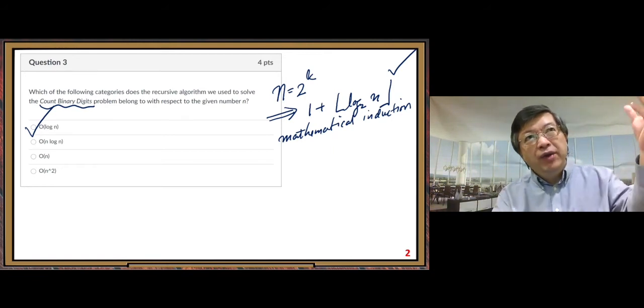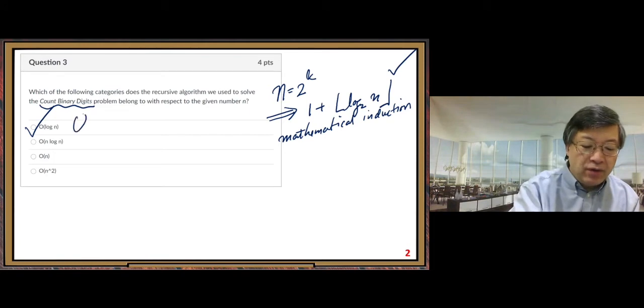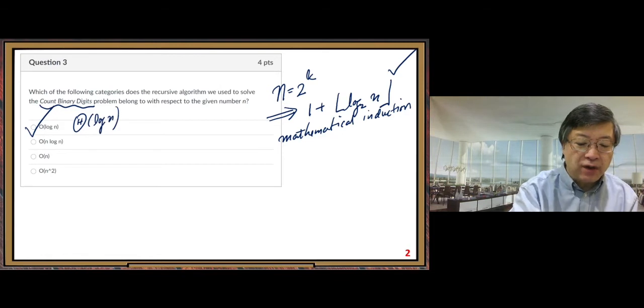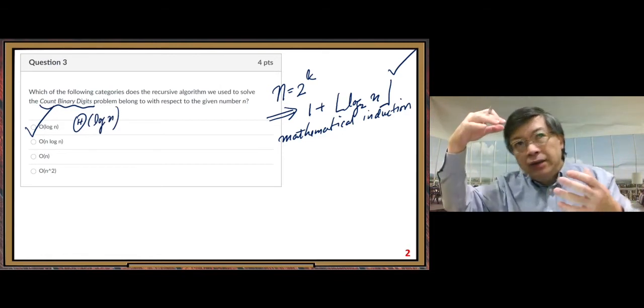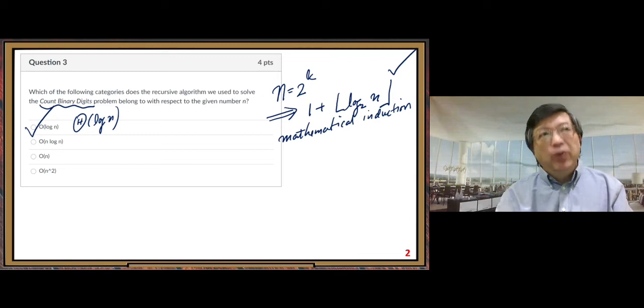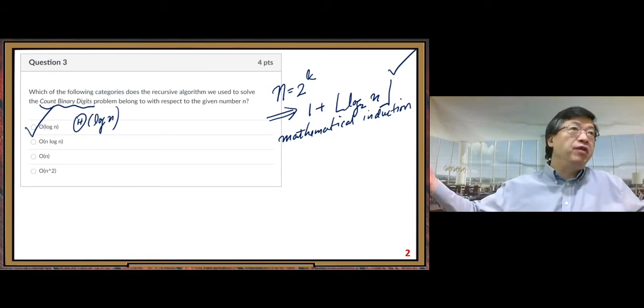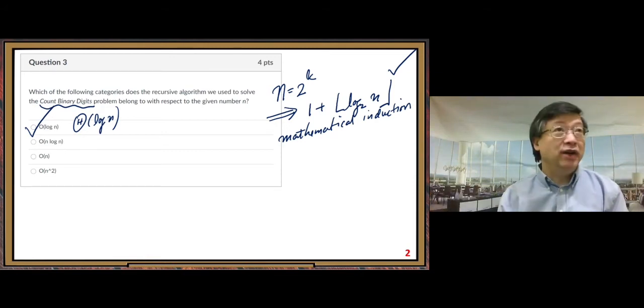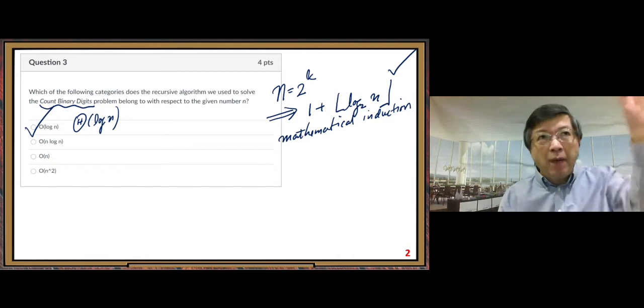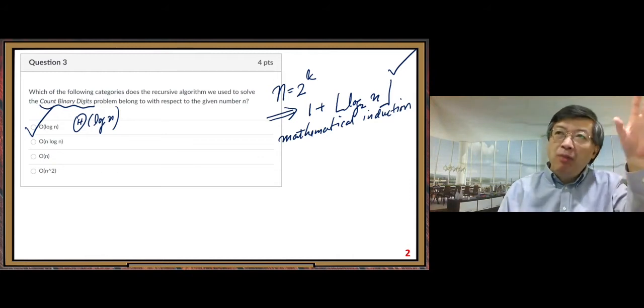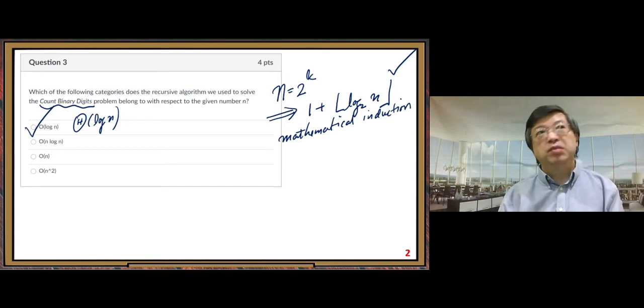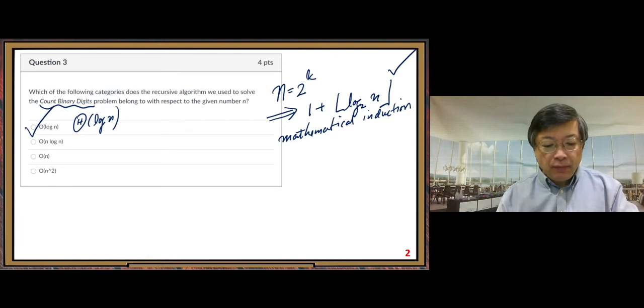Although here we use big O, if you want to say big theta of log of n, that is also correct, both upper bound and lower bound. The reason many times you see people use big O more is because people feel it is easier. Big O is more popular than big theta. Big theta is more precise, but people just feel big O is easy to use. All right, next question.